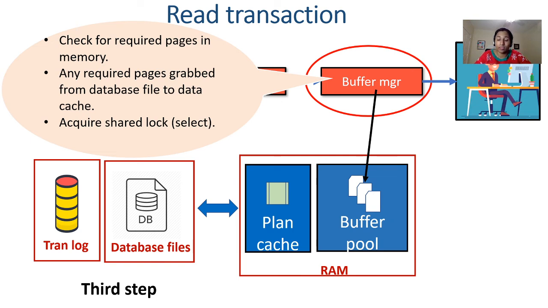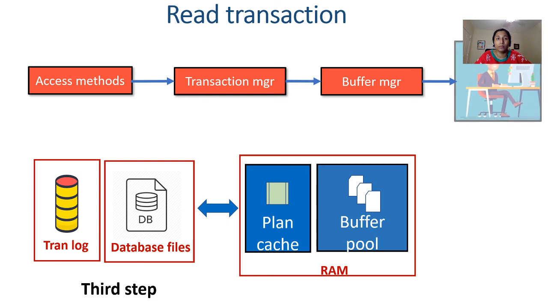If it didn't find some of them or all of them, it will go ahead and grab those data pages from the database files in the form of 8 KB pages, put them in the buffer pool, and then do the operations over there, do the select over there, and then send the results to the user. The read transaction, very simple.